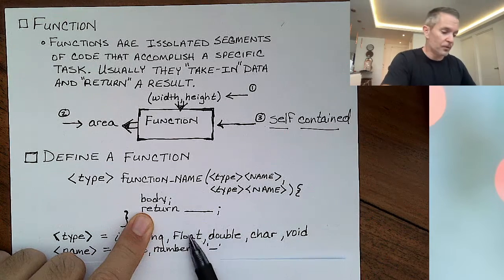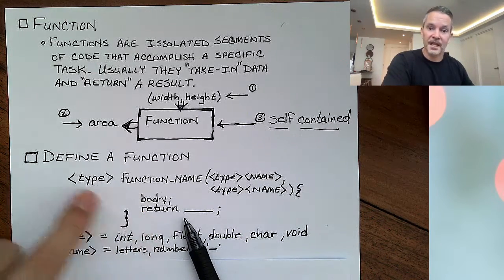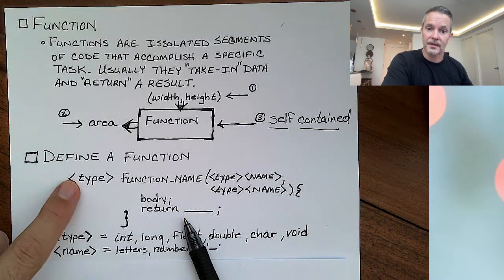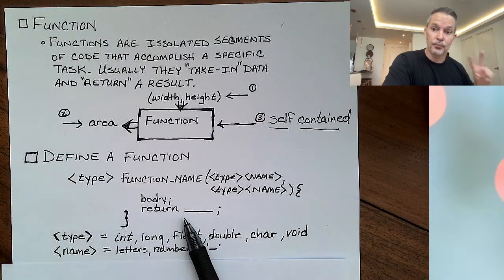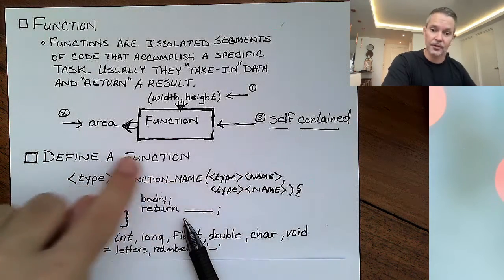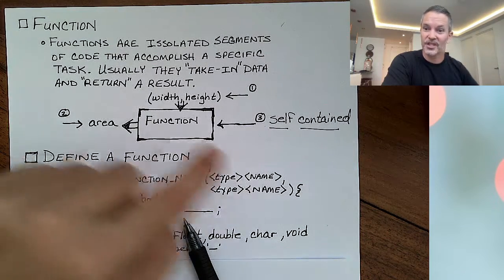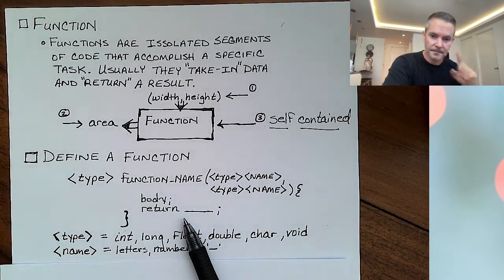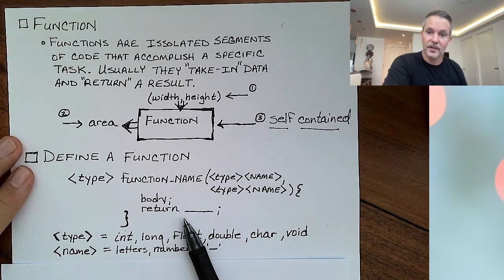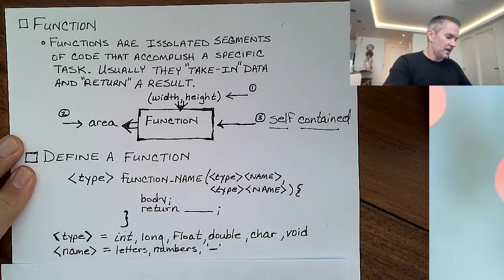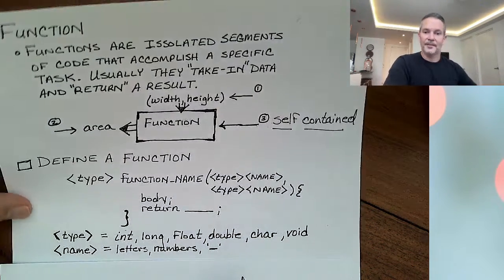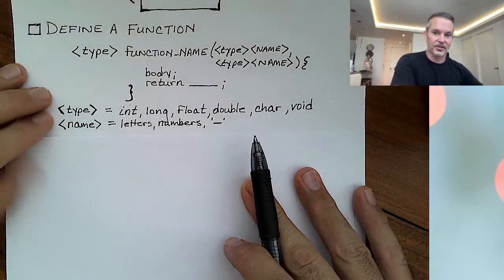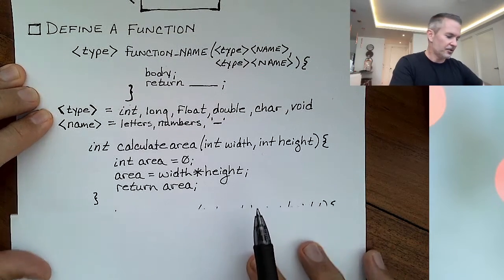And this variable or value must be of the same type as we specified here in the function's prototype, which is what this is called, the prototype of the function or the signature of the function. All right, so that's what a function looks like in abstract definition terms. Let me show you an example.